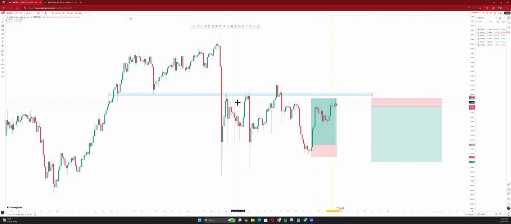Fibonacci is just an indicator that shows the retracement value of any market.